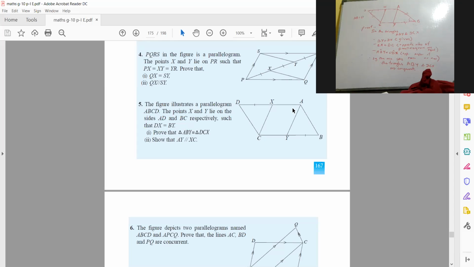Like that, you can prove it. Note it down if you haven't done it, so you can check your answers.